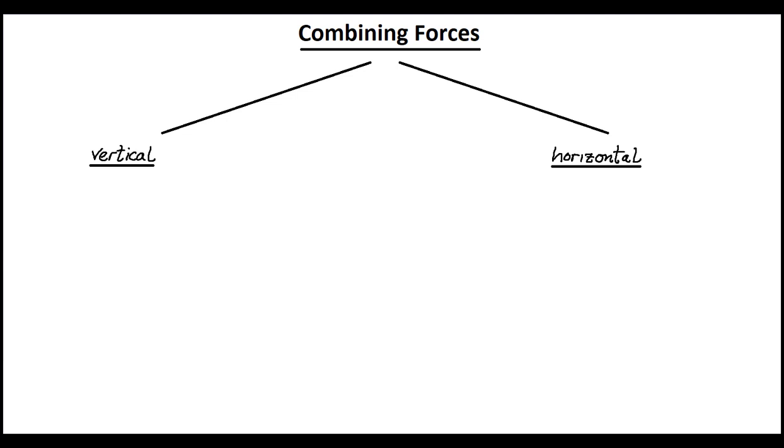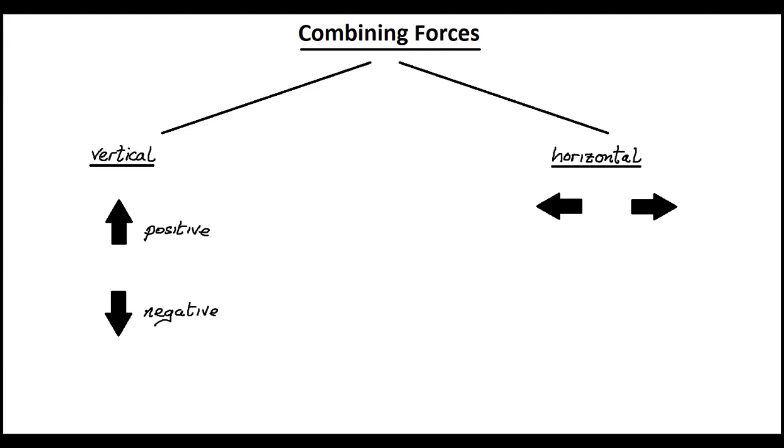When we're combining force vectors in this situation, we need to remember the positive and negative notation. For example, in the vertical direction, the downward direction is negative, whereas the upward vertical direction is always positive.